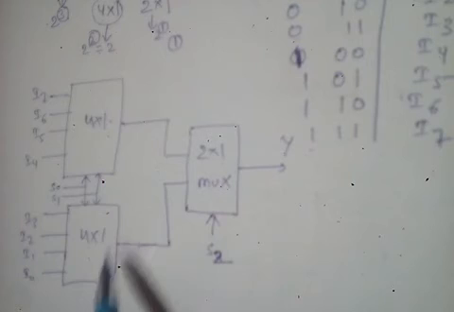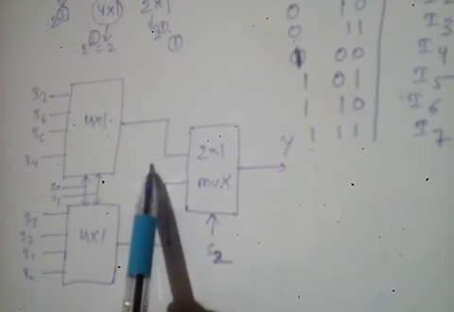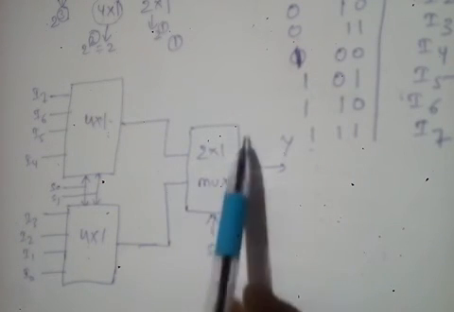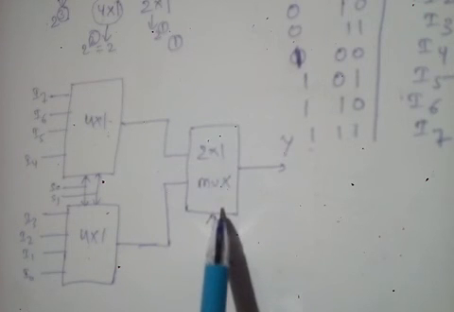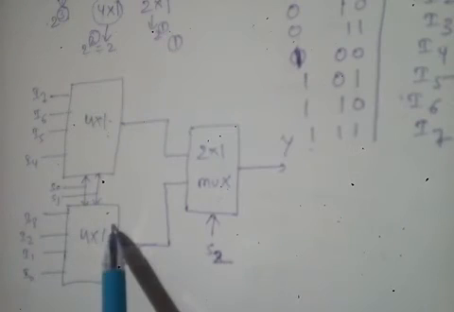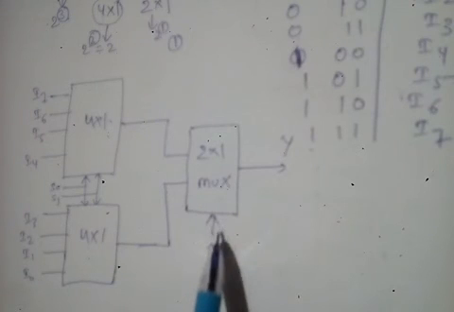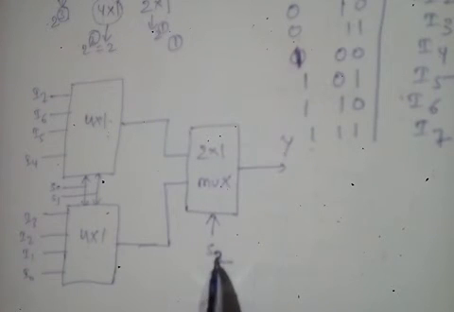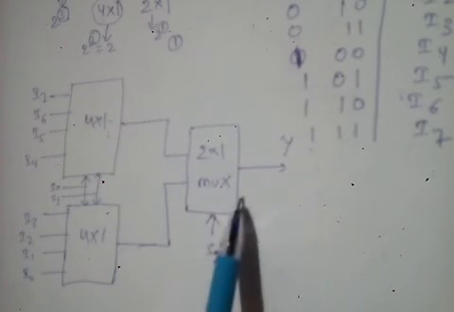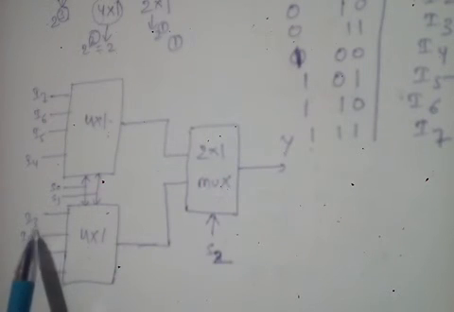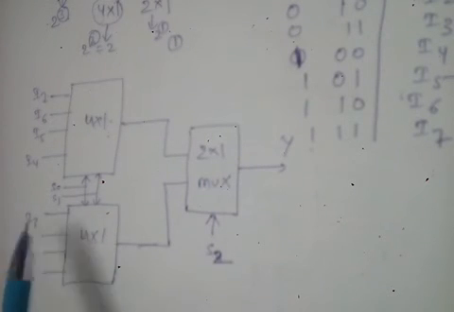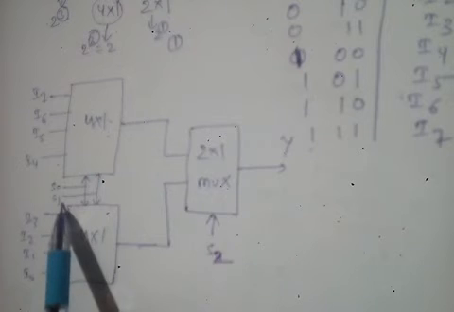The outputs of the first stage of 4 by 1 multiplexers are applied as input of the 2 by 1 multiplexer, that is present at the second stage, and this is the first stage. The other selection line, that is S2, is applied to the 2 by 1 multiplexer. So if S2 is 0, then the output of the 2 by 1 multiplexer will be one of the 4 inputs from I0 to I3, based on the value of S0 and S1.